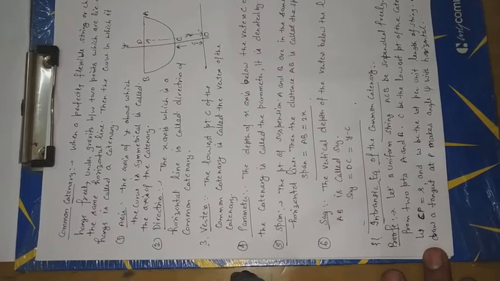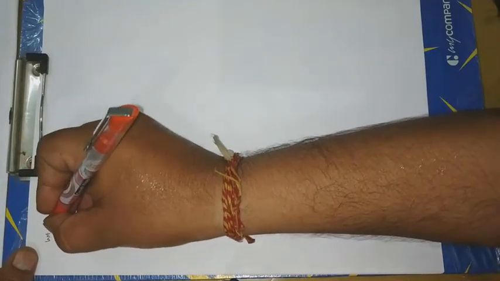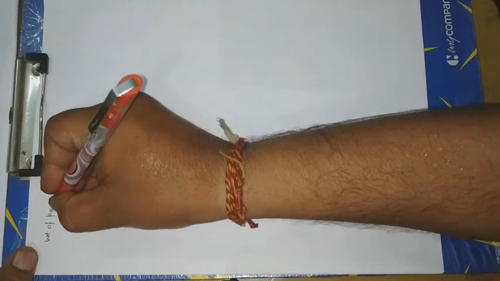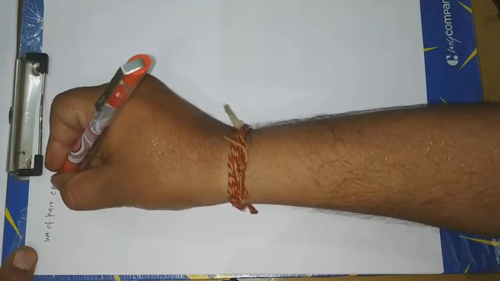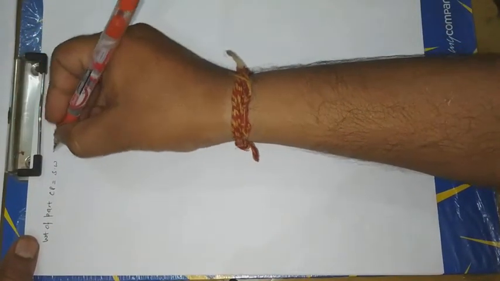Okay. The weight of part CP is equal to s into w. The portion CP is in equilibrium.